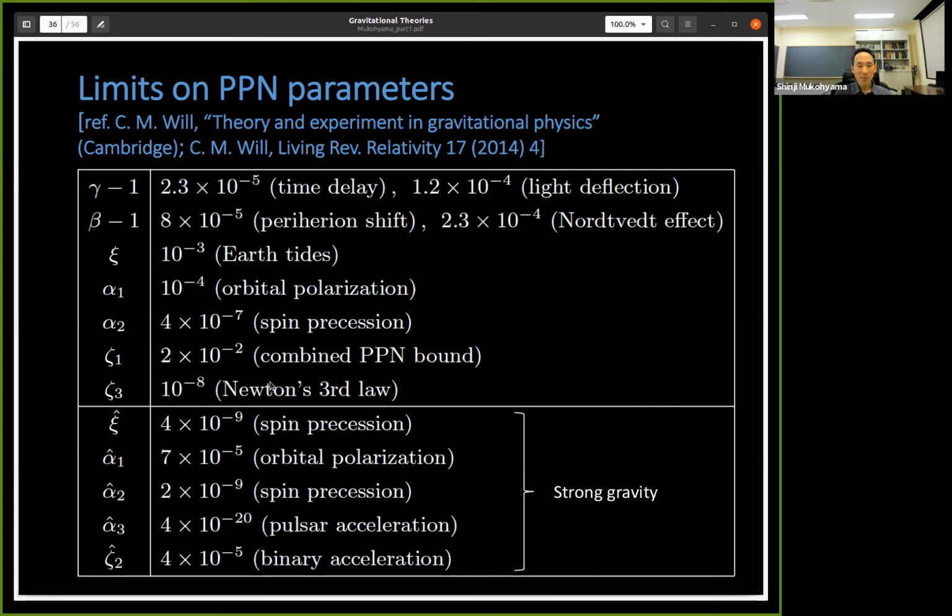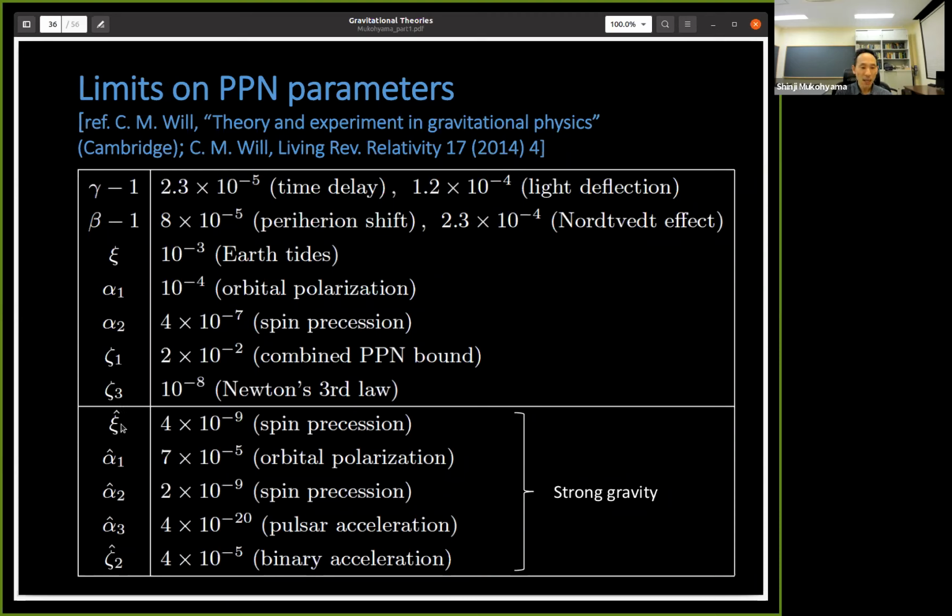Also, there are some additional constraints coming from the strong gravity regime, like pulsars. But this is beyond the assumption of the parameterized post-Newtonian expansion, so rigorously speaking they are not PPN parameters, but a kind of strong gravity extension or generalization of PPN parameters.